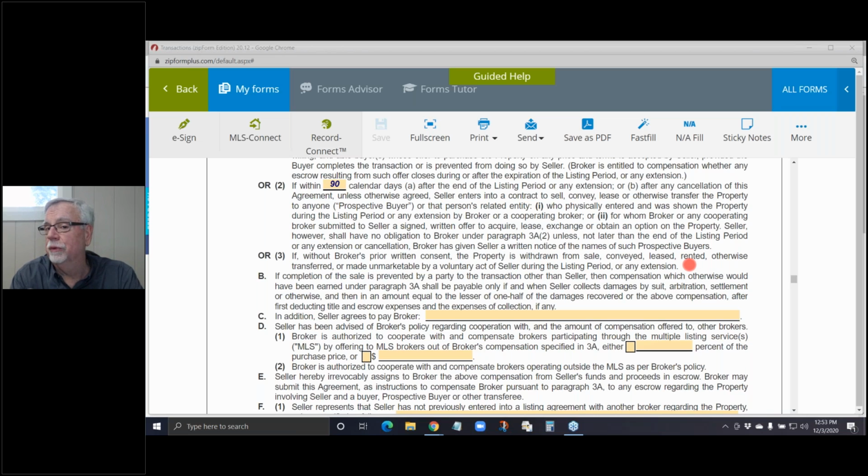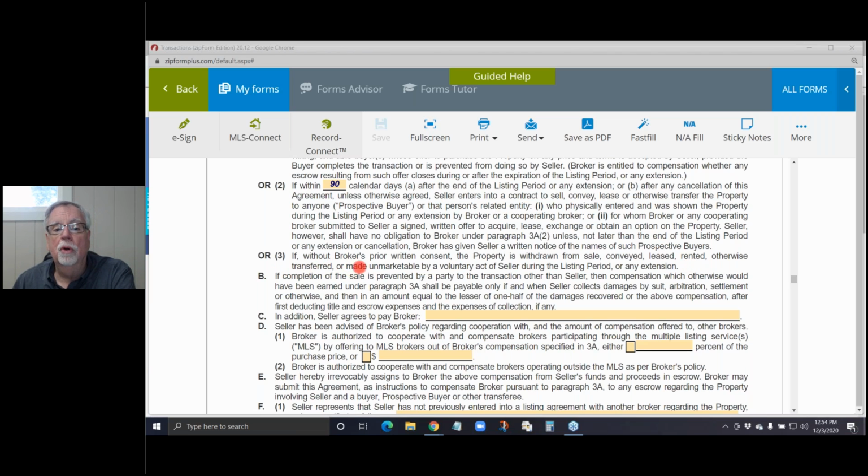You don't have the right to fire them, even if they're not doing a really good job, because it says in the listing agreement that if you withdraw the property from sale, like if you tell your agent, I'm not letting you show it anymore, I've changed my mind, I don't like you, I don't want you to be my agent, that if you attempt to cancel the agreement, you owe the whole commission. I'll show you where it says that in the listing agreement. Right? That's what it says in that paragraph.